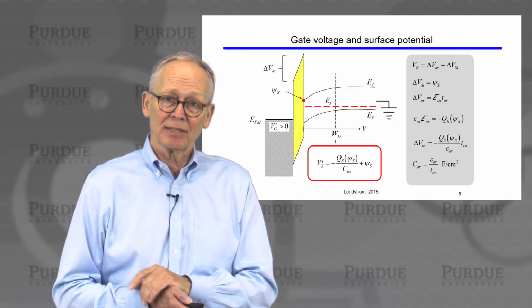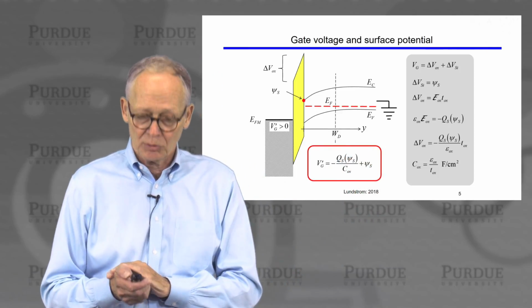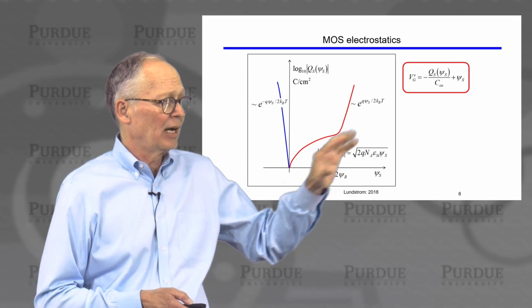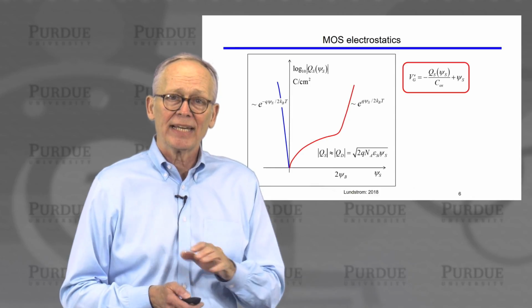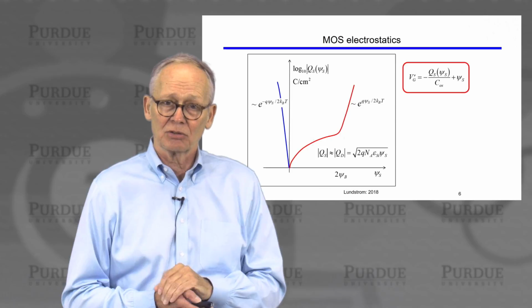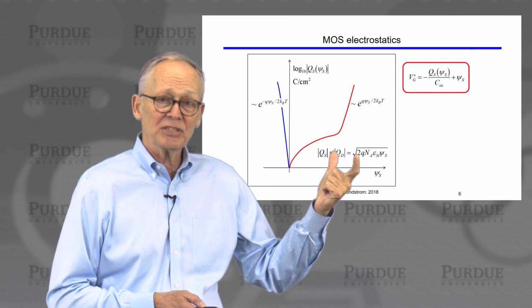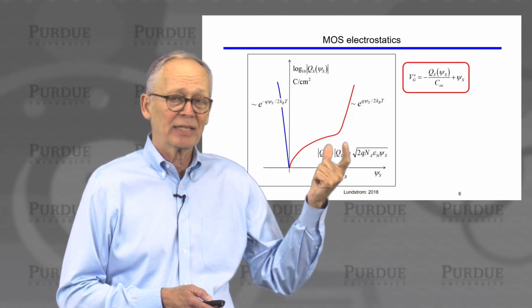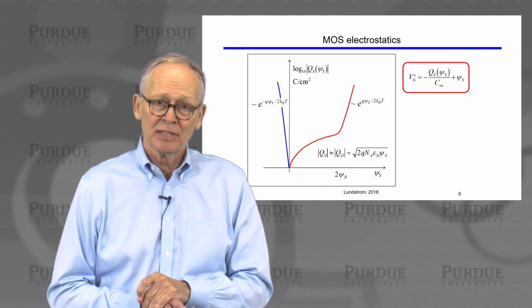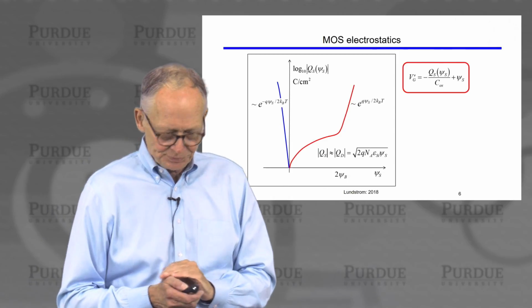So this is our relation. If we know the charge in the semiconductor, we can relate the surface potential to the voltage on the gate that produced that surface potential. We've seen before how in energy band diagrams we can qualitatively understand what the charge in the semiconductor looks like as a function of the surface potential. And by making the depletion approximation, we saw how we can quantitatively understand how the charge in the semiconductor varies with the surface potential, as long as we're in the depletion regime.